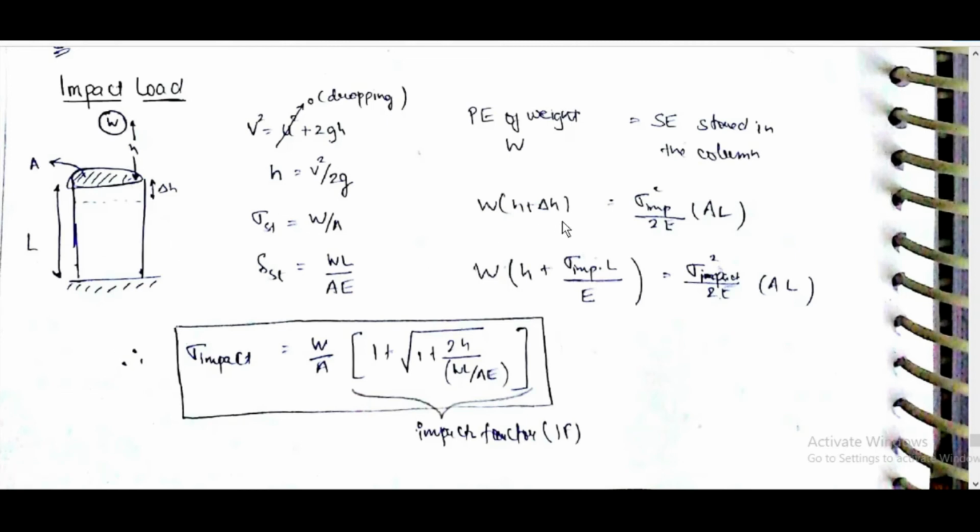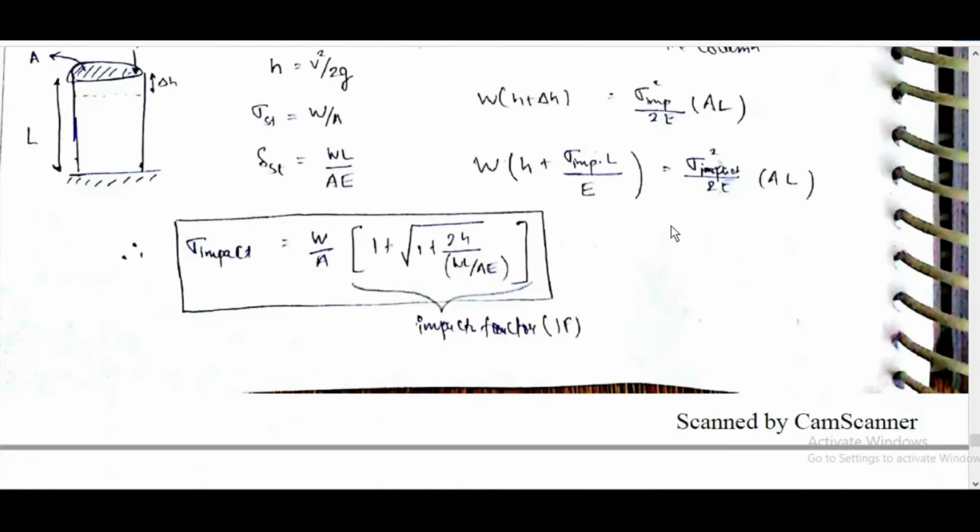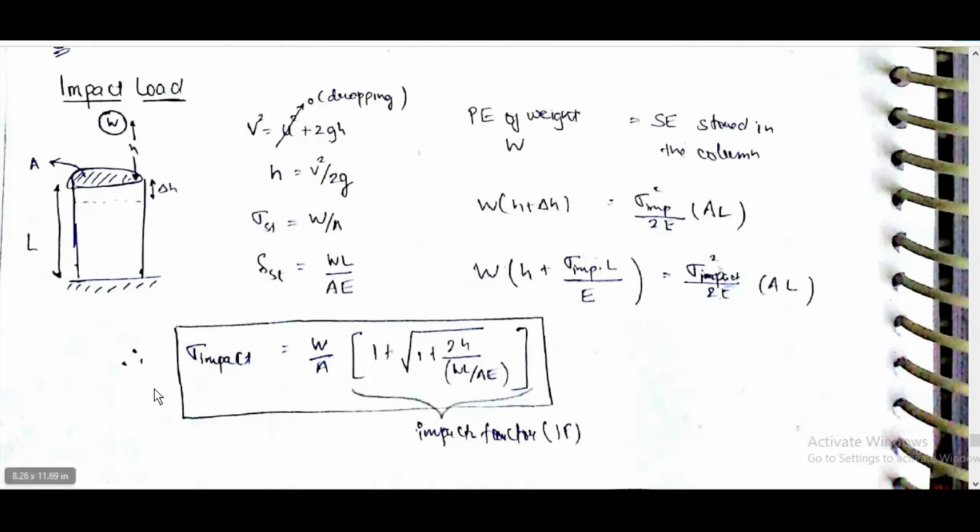W into H plus delta H is equal to sigma impact square by 2E into AL. W into H plus sigma impact L by E. Delta H is sigma impact into L by E, equal to sigma impact square by 2E into AL. This is a quadratic equation.